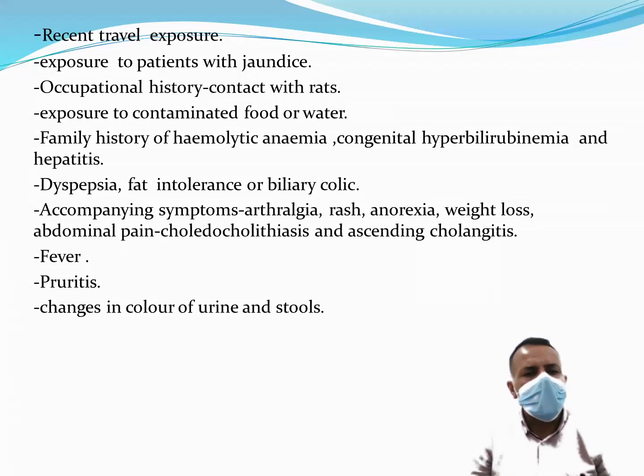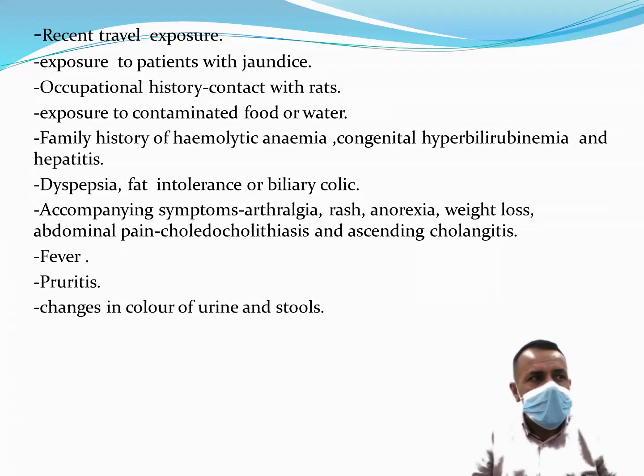Dyspepsia or food intolerance, if there is a biliary colic, that means gallstone or biliary disease, or any surgical disease leading to dyspepsia. Any accompanying symptom, if the jaundice is associated with arthralgia, skin rash, anorexia, weight loss, abdominal pain, that means a symptom of ascending cholangitis.